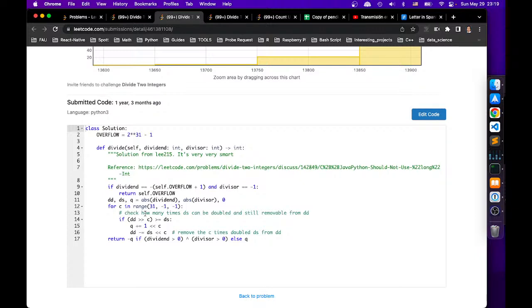Why is it DD right shift? Shouldn't that be DD larger or equal to DS right shift, DS left shift C? If it can handle it, then that means we can handle it that many times.